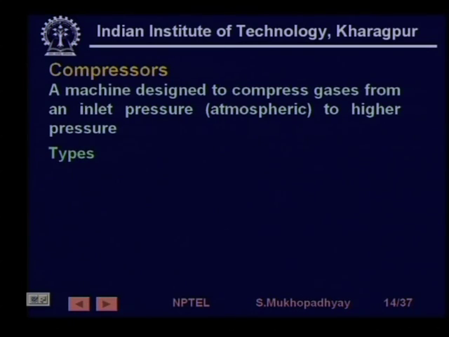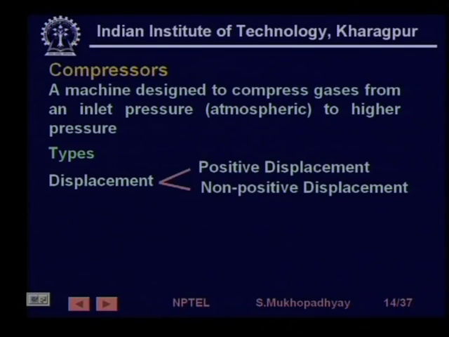And this mechanism can generally be of two types. One is positive displacement, where each time a certain given volume of air is converted from the atmospheric pressure to high pressure. So, every cycle of movement of the compressor, whether it is rotational or translational, converts a certain amount of gas from low pressure to high pressure.